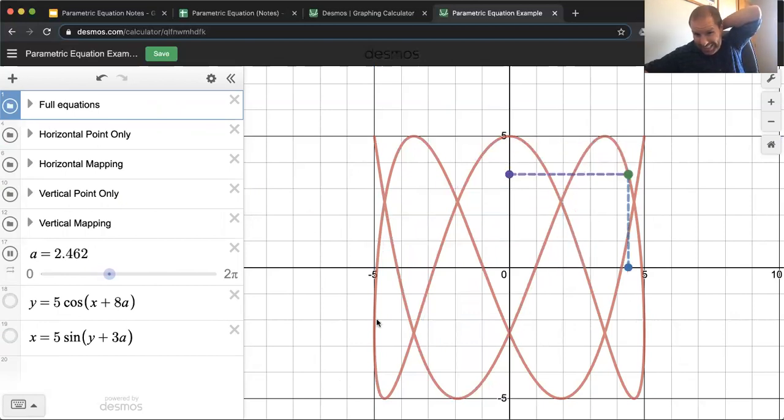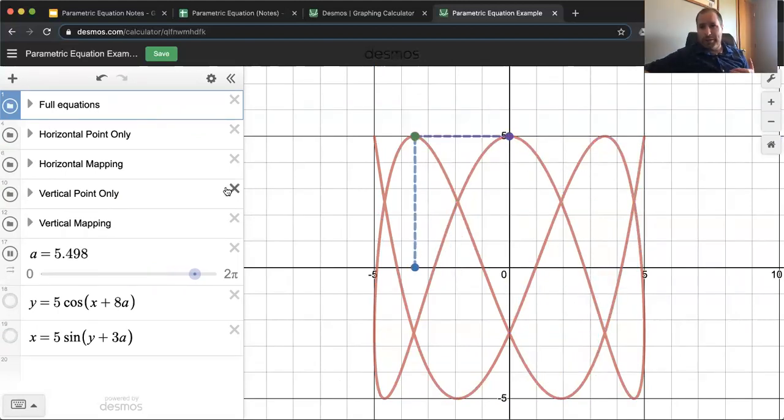And to get this equation into just x equals y stuff would be very, very difficult to do. This is not an easy equation to graph unless we do that in what's called parametric form, like we're doing here. And just to show you a little bit more about what that is doing, let me turn off all this horizontal and vertical stuff.